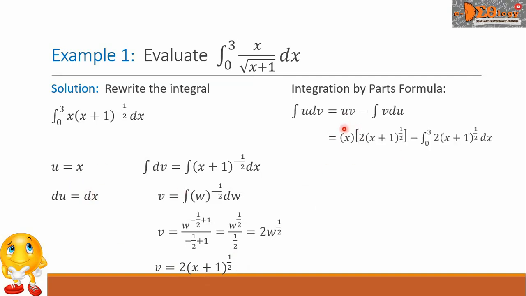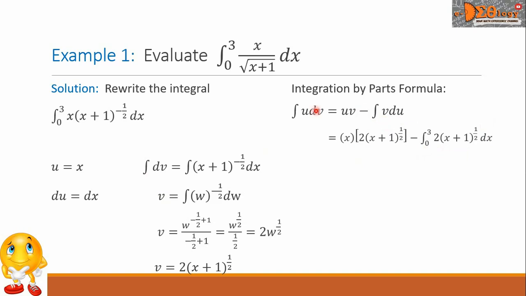So we have u, that is x, times v, the value is 2 times the quantity x plus 1 raised to 1/2, and then minus the definite integral from 0 to 3 of v, which is 2 times the quantity x plus 1 raised to 1/2, and du is dx.